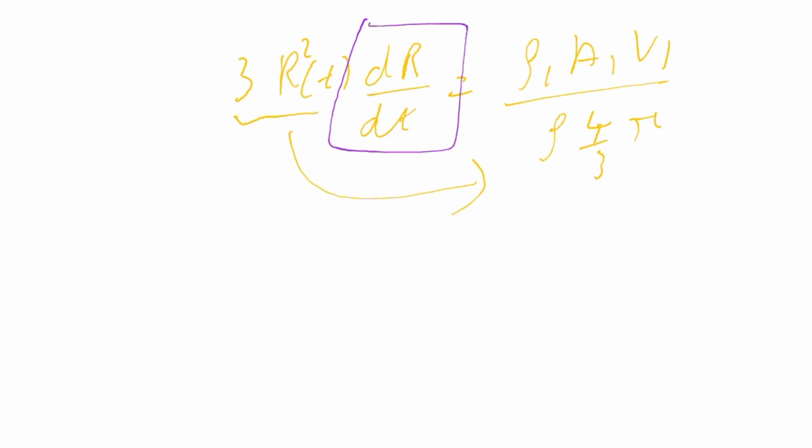So the whole point of this example was to make you understand and realize that when you're dealing with a deforming control volume, you cannot take the time derivative inside the integral, because the integral of the control volume itself is changing with time, right?